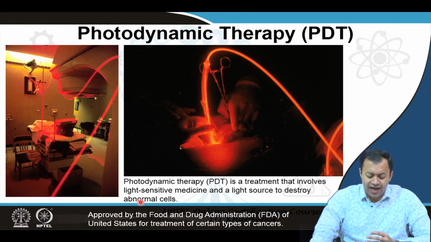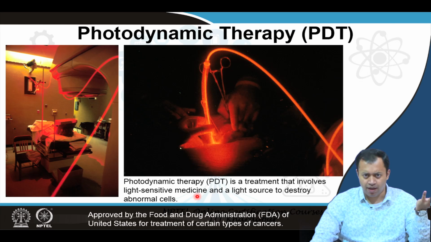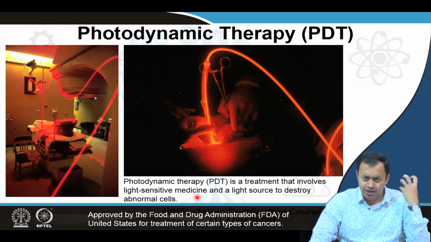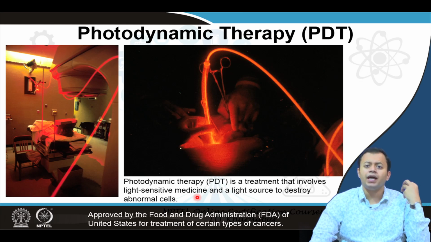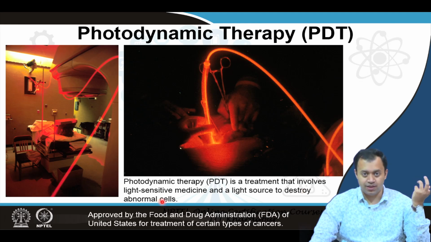That light activates the medicine, and upon activation this drug, this chemical agent, performs certain chemical reactions, biochemical reactions, and that in turn destroys abnormal cells.